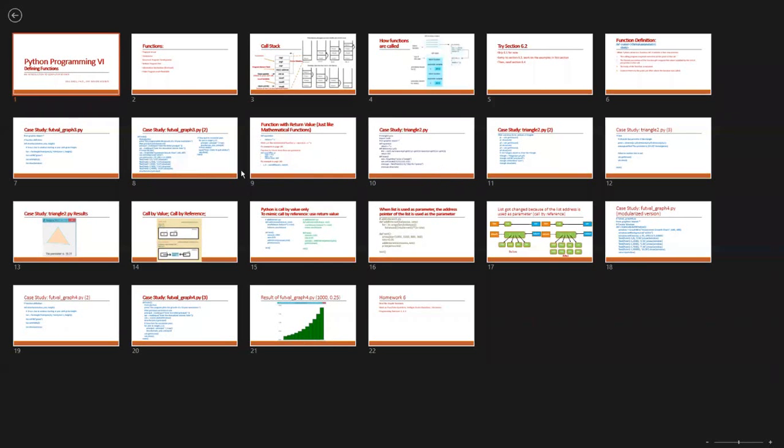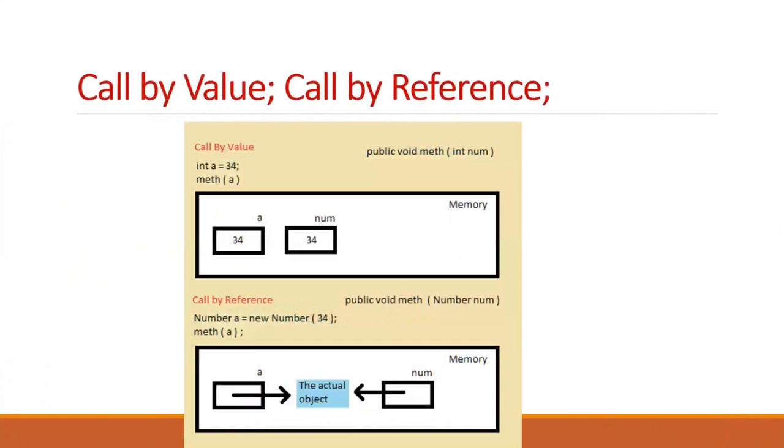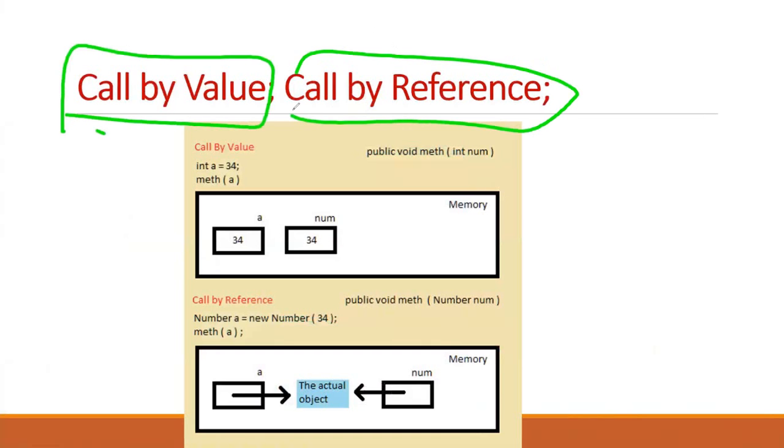So we have this triangle 2, and the next one is call by value, call by reference. In Python, it is mostly called by value, but if it is an object, it is actually called by reference. Okay, what does that mean?